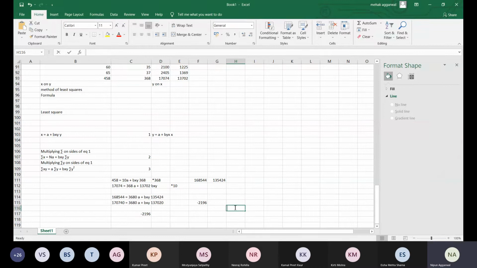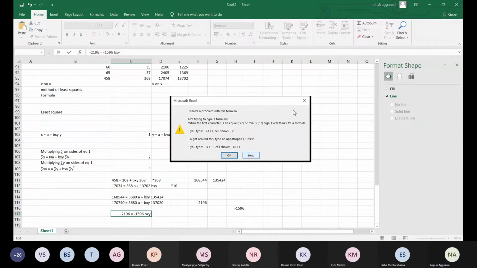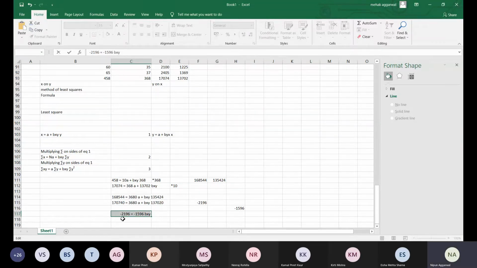Now the next is this minus this: 135424 minus 137020. So your net equation becomes minus 2196 is equal to minus 1596 bxy. In Excel it will take the formula because of this equal to. Then the minus and minus signs get cancelled. So bxy is equal to 2196 divided by 1596.